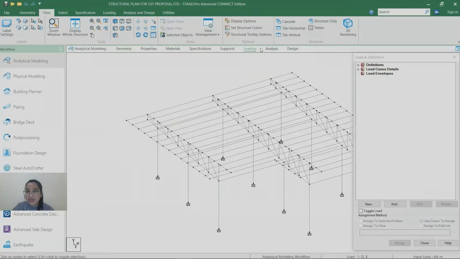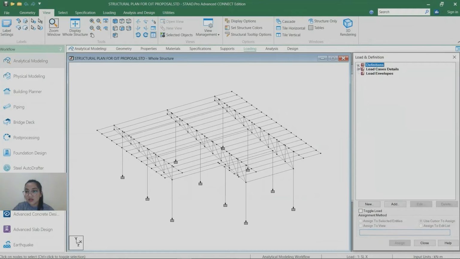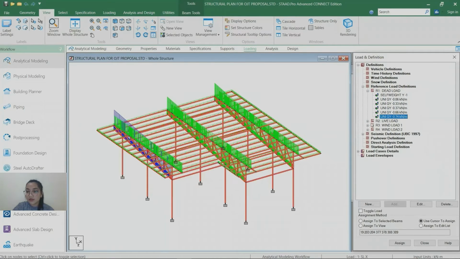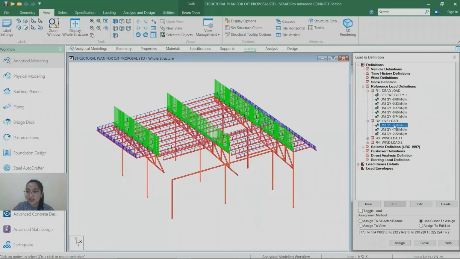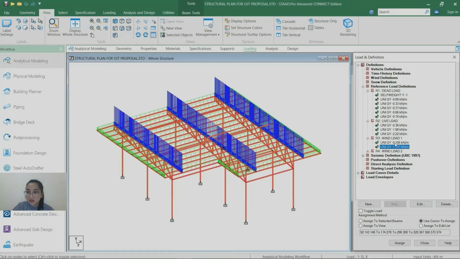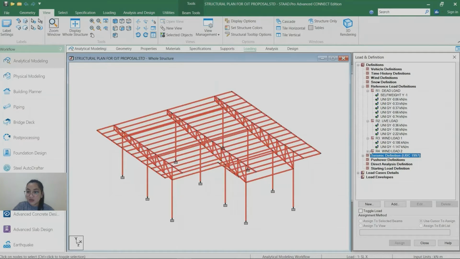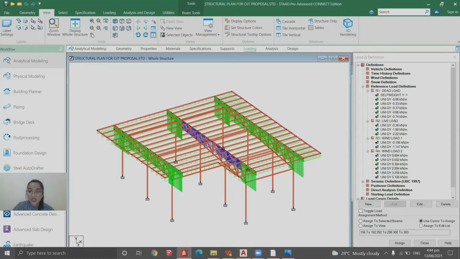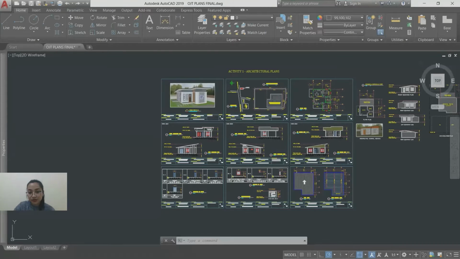We have here the loadings. So for live loads, dead loads. Then for the wind loads, ini siya. And then wind load 2.